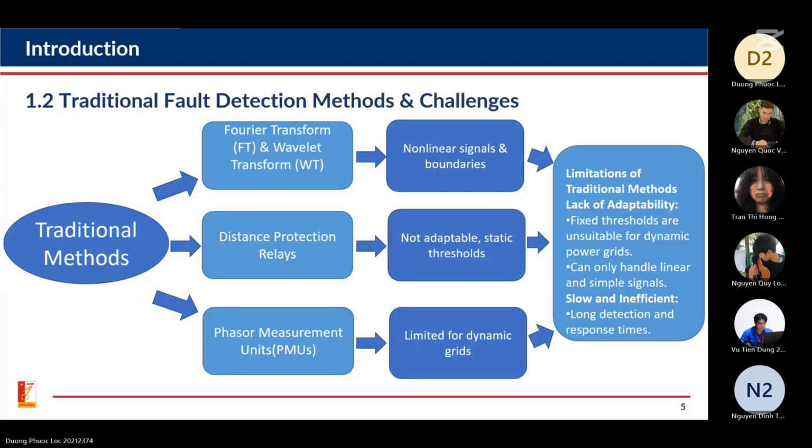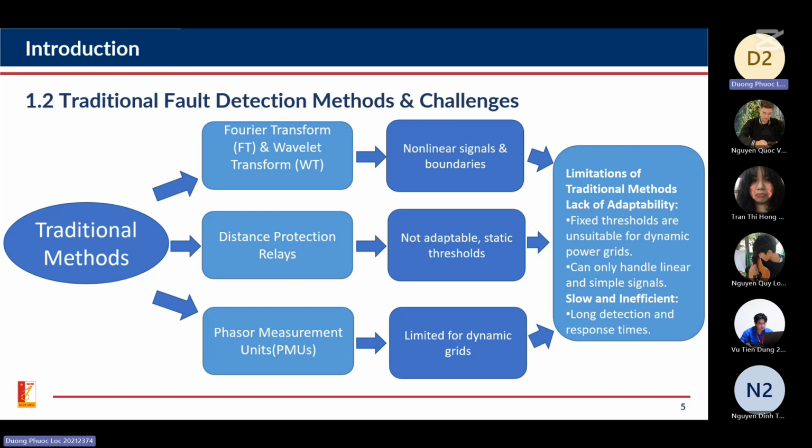So let's talk about the traditional methods of fault detection and the challenges associated with them. Traditional methods have been the backbone of fault detection for years.